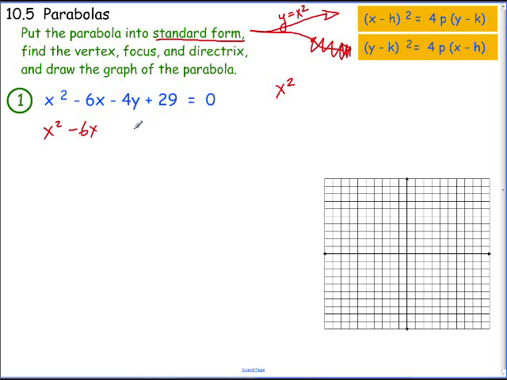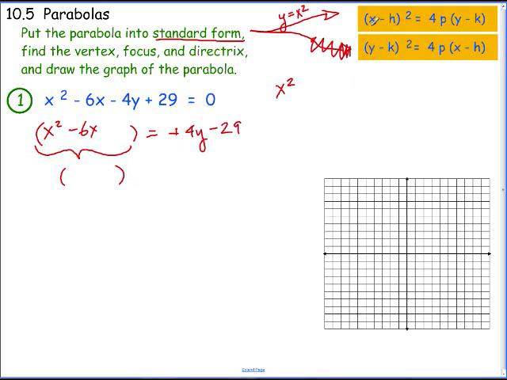So that means we're going to be doing completing the square over. Let's get the rest of this stuff out of here for a minute. I want to say that's equal to a plus 4y minus 29.